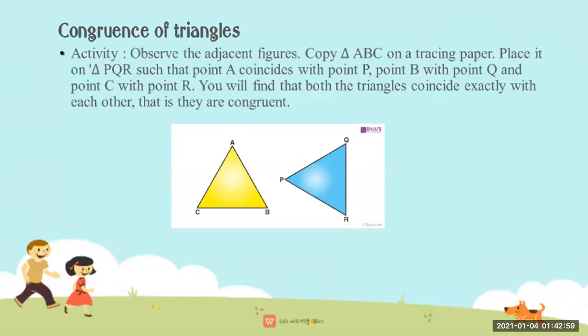Now observe the adjacent figure. Copy triangle ABC on a tracing paper. Place it on triangle PQR. Now in that, point A coincides with point P. You can see here.